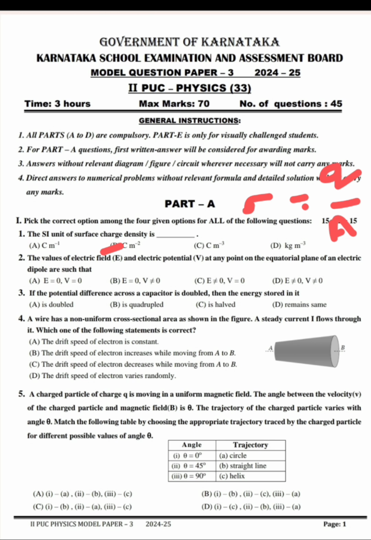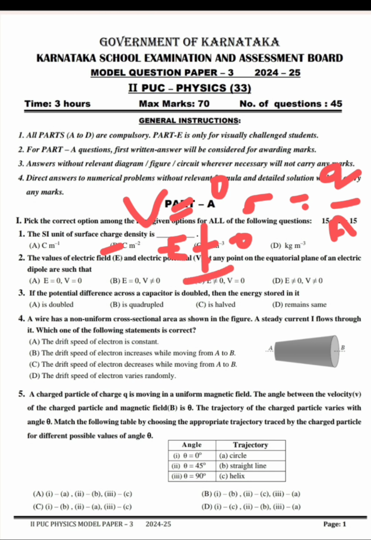At any point on the equatorial line of an electric dipole, electric field is not 0, whereas potential is 0. So if I look at option A, both are 0, so it is not possible. B is E is 0, so no, E is not 0. That's why it is option C. E is not 0, but V is 0.